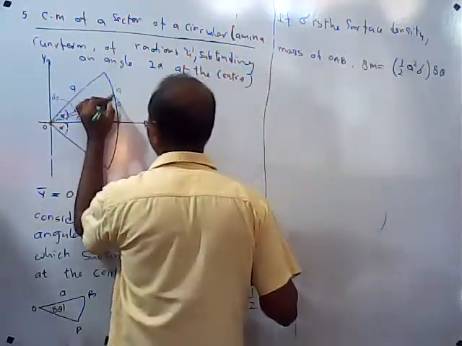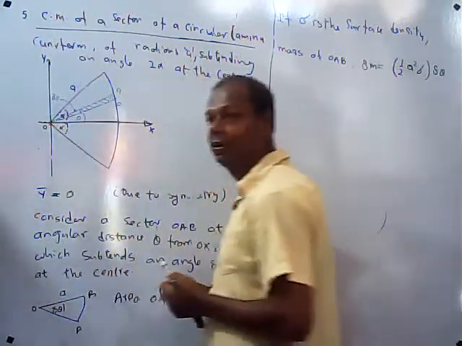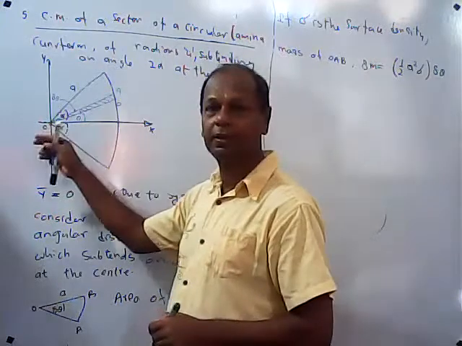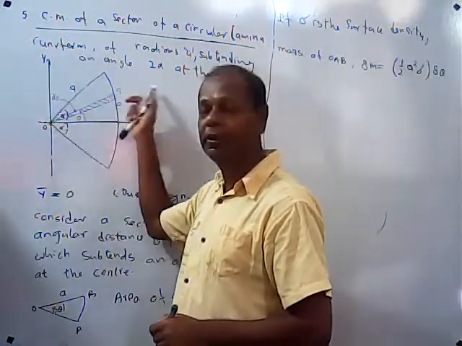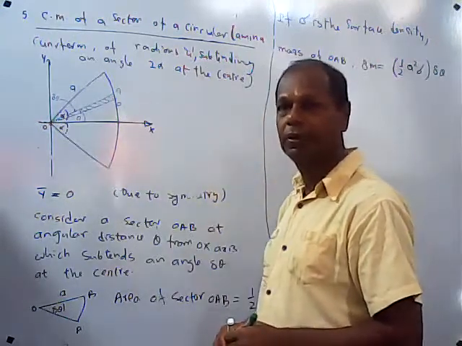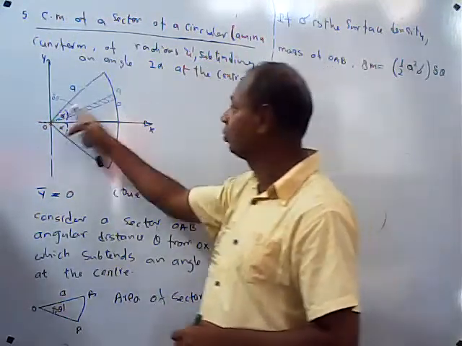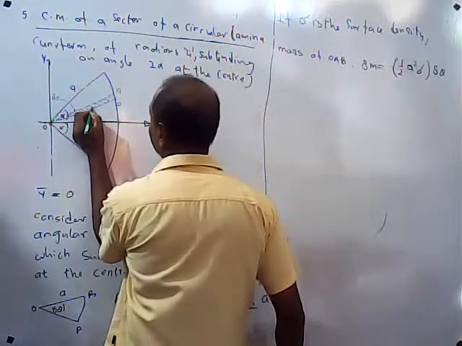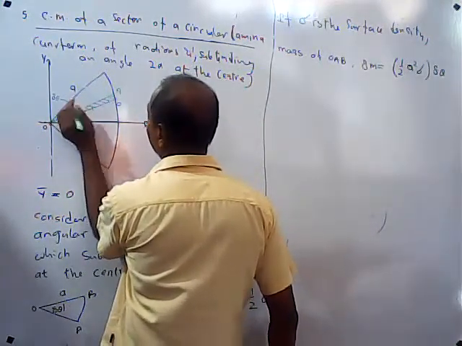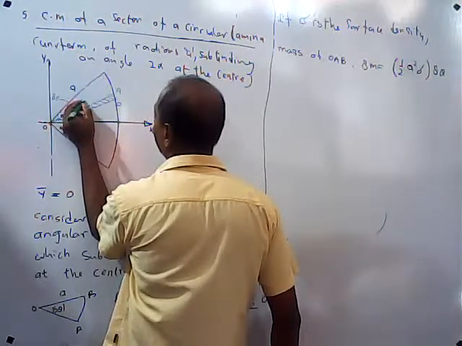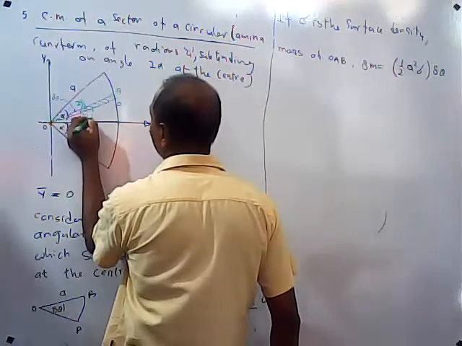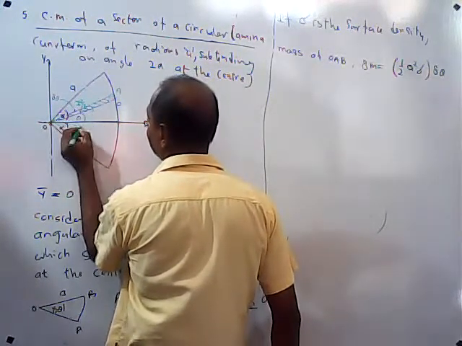If it is a triangle, then the center of mass will stay on a median, at a distance of 2a/3. So x is this.